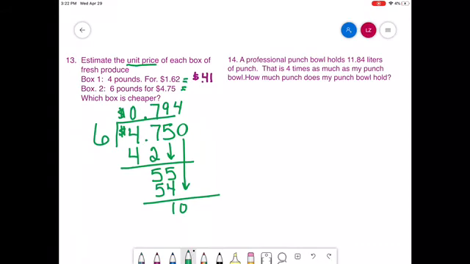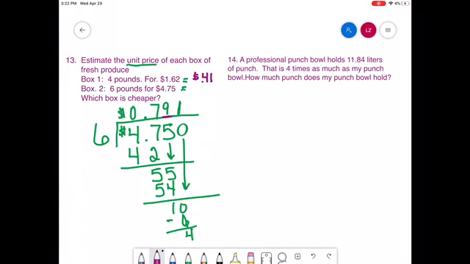I'm sorry, I just wrote that wrong. 6 goes into 10 once. Okay, 1 time. And you have a remainder of 4. Now, we could keep going, but with money, you only go out to the 100th spot. You only go to here. We don't have anything smaller.